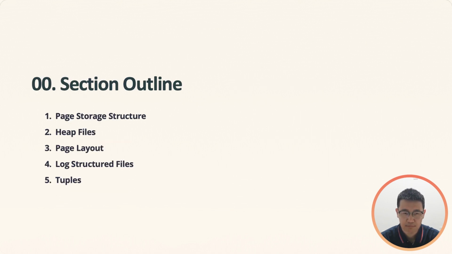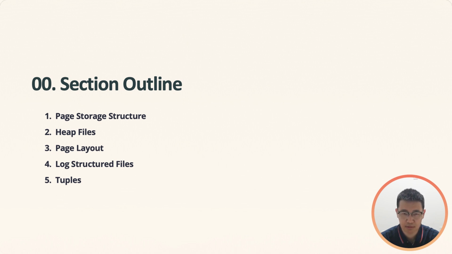The outline of this section mainly includes 5 parts. First of all, this is a page-based storage structure, that is, how the page is stored in the database disk, and then its heap file, that is, the heap file structure in a number of ways, including the page layout.